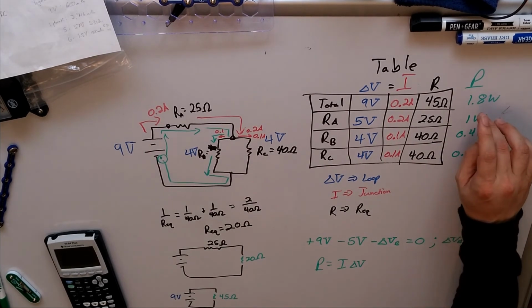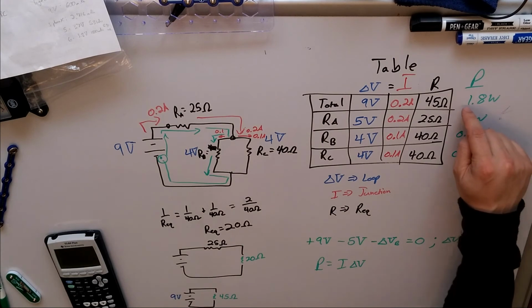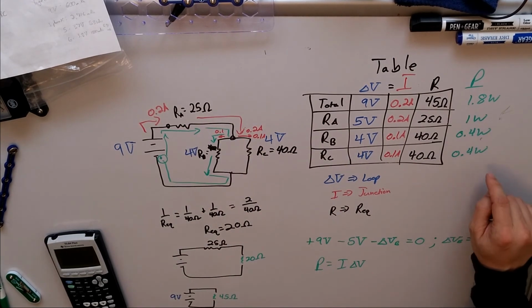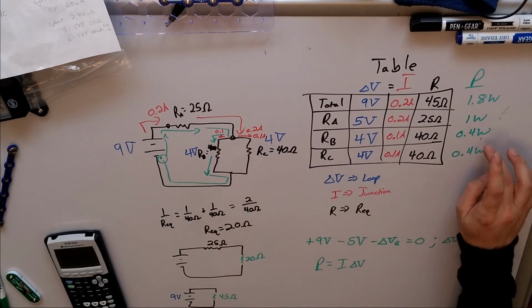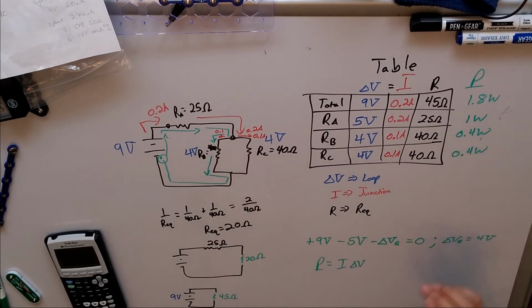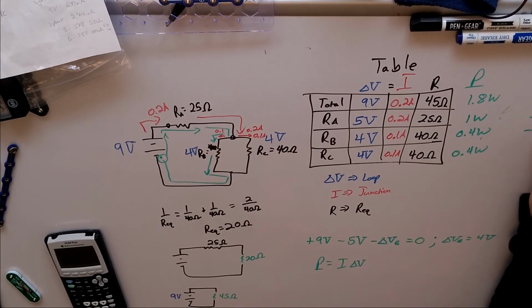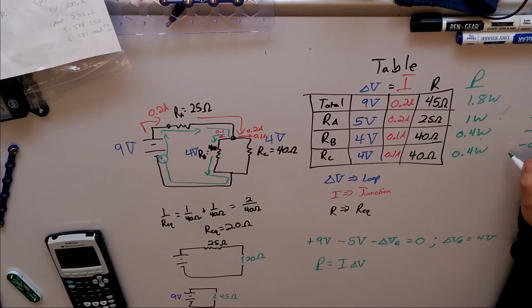And what this is saying is every second, the battery is releasing 1.8 joules. And every second, resistor A is using 1 joule, and every second, resistor B is using 0.4, and resistor C is using 0.4 joules. Every second the battery is giving out 1.8 joules, and this resistor is taking away 1 joule per second, this is taking away 0.4 joules, and this is taking away 0.4 joules.